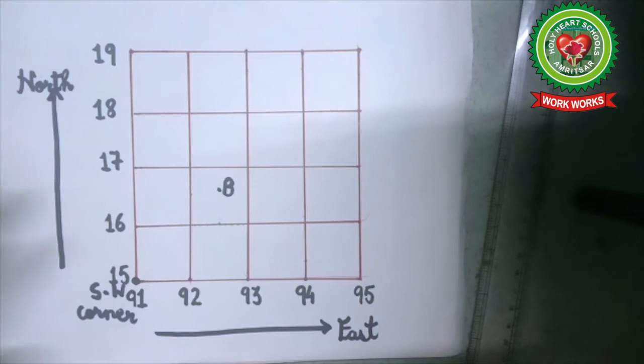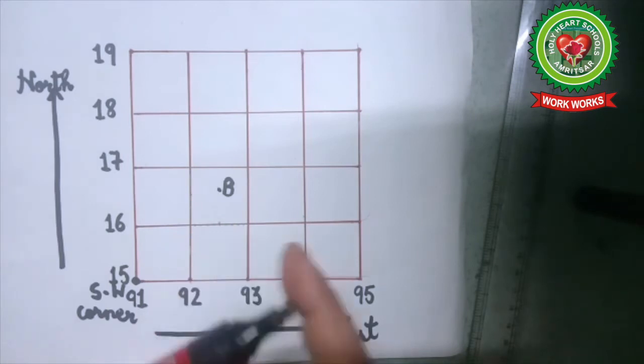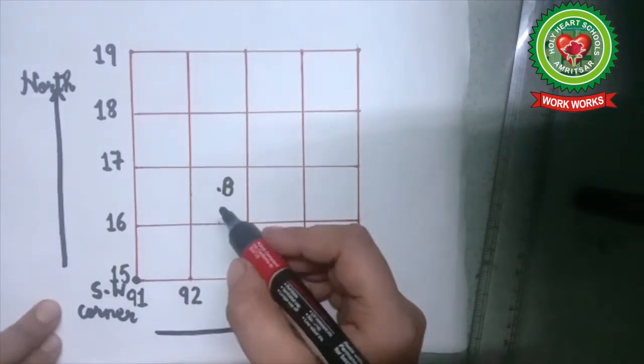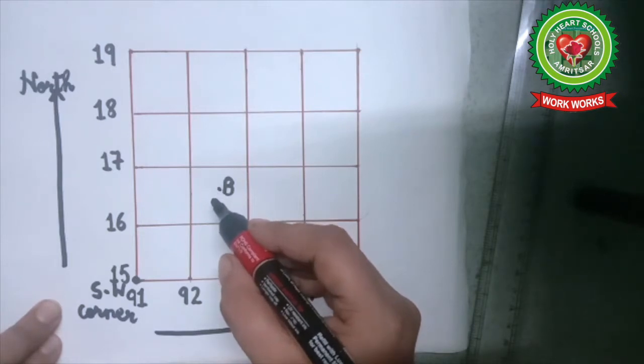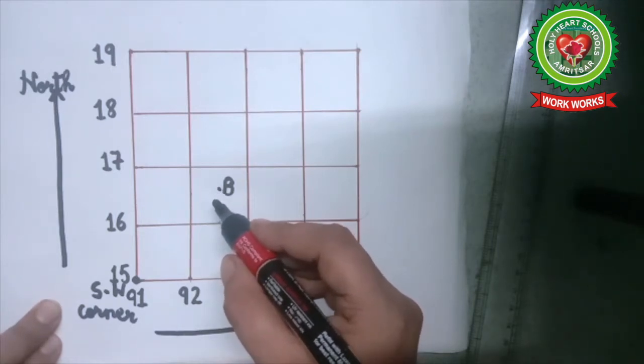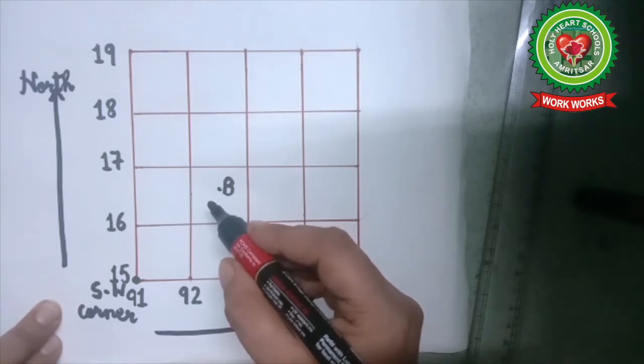Now let us find out the six-figure grid reference of a few places on the topographical maps. Suppose we have to find out the six-figure grid reference of this place B on the given topographical map. Now what will we do? First of all, we will follow the same steps as we did while finding the four-figure grid reference in part 1 of the grid reference.